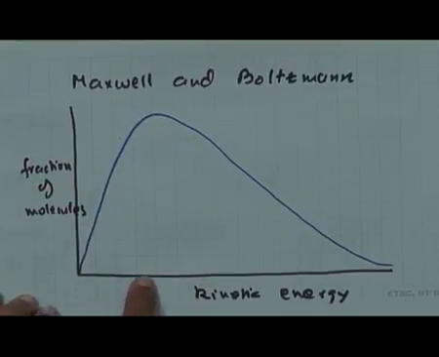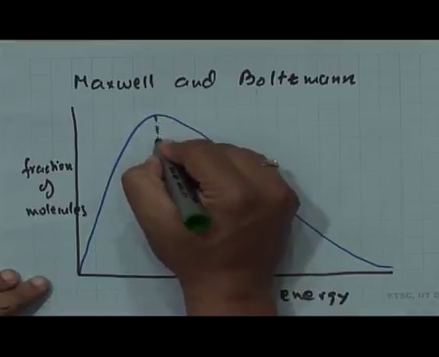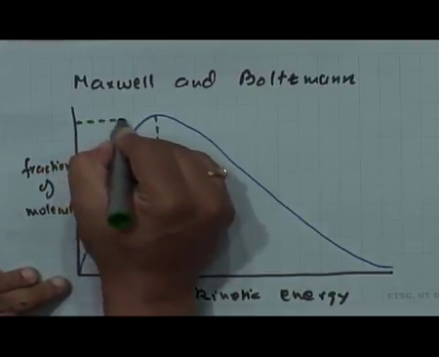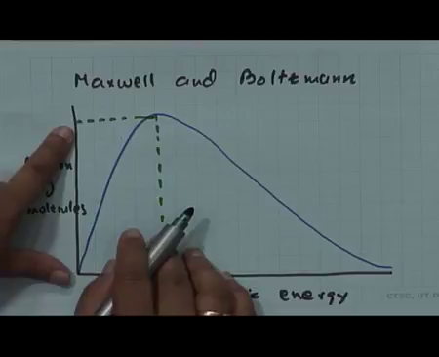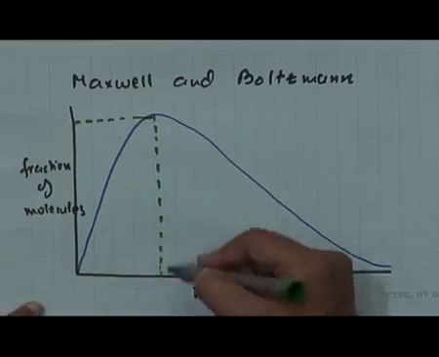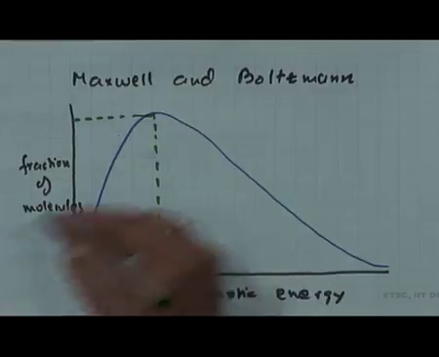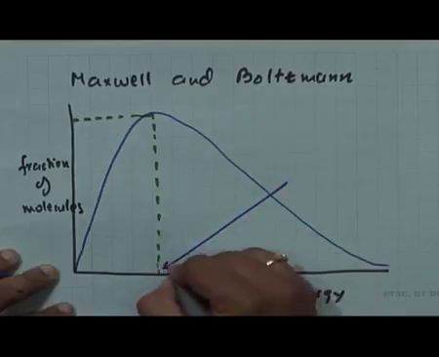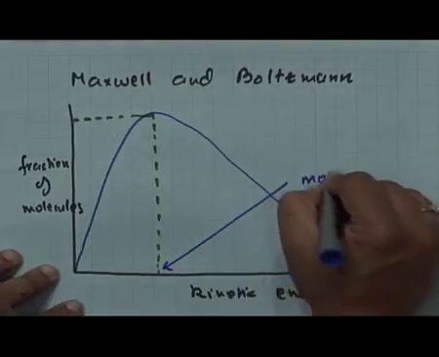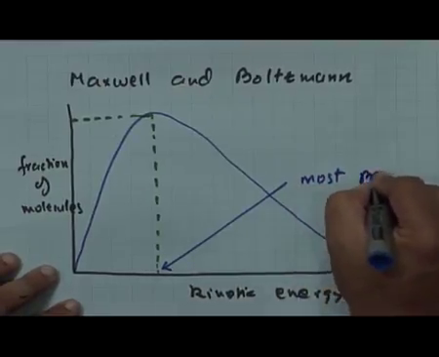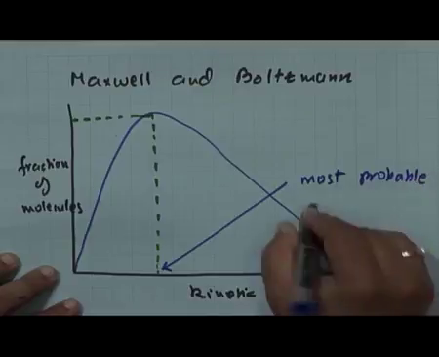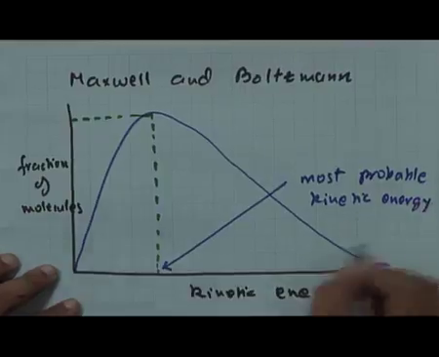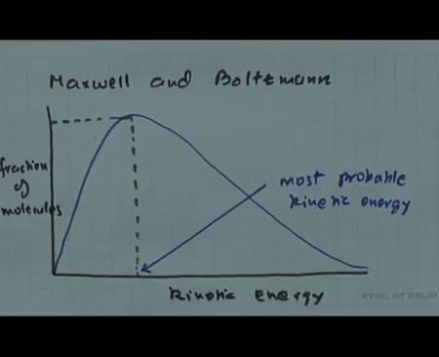So which means that at this value, if I extend on this side, you can see that the fraction is the highest out here, the fraction is maximum, and here the kinetic energy value corresponds to the most probable kinetic energy.